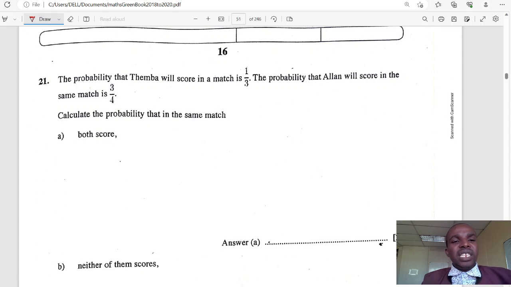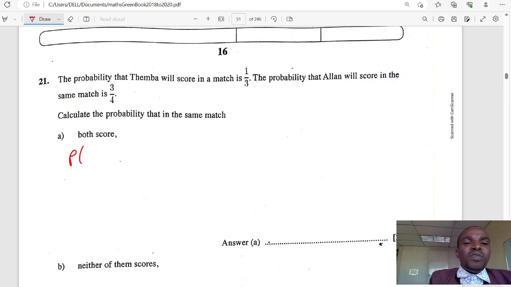Next, the probability that Temba will score in a match is 1/3. The probability that Alan will score in the same match is 3/4. Calculate the probability that in the same match both will score.